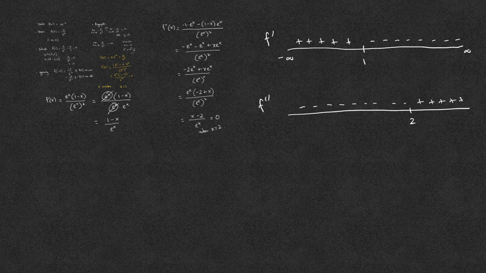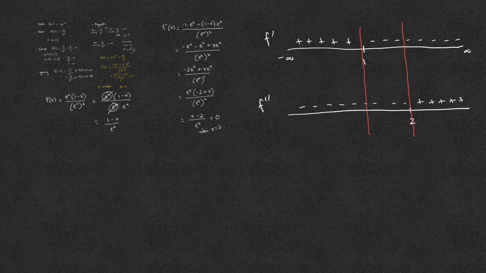We see that the function f has a local maximum at x equals 1 because f prime changes the sign from positive to negative, and it has an inflection point at x equals 2 because f double prime changes the sign at x equals 2. We then combine these cut points to form the combined sign chart.